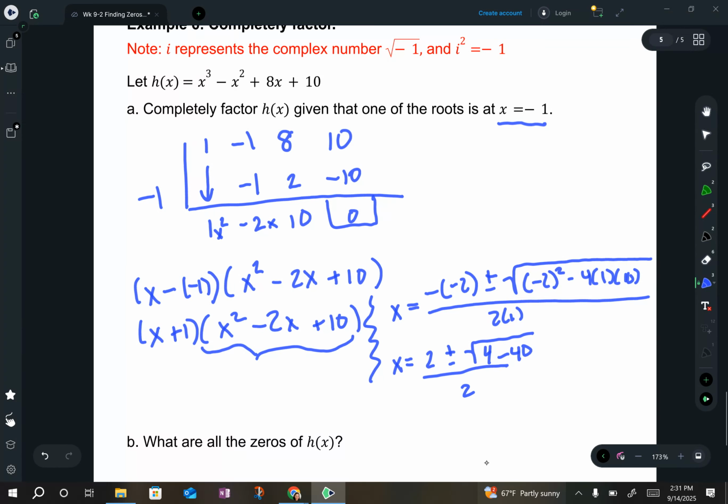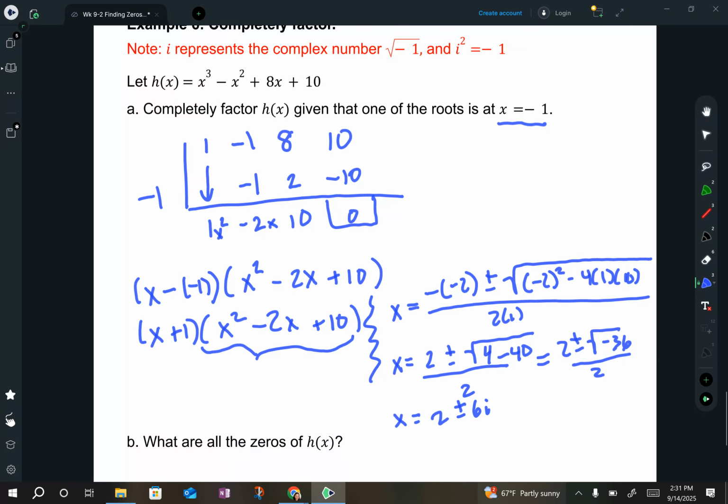So that's 2 plus or minus the square root of -36, over 2. The square root of -36 would be 6i, all over 2. So we divide 2 into both of those and we get 1 plus or minus 3i as our two roots.